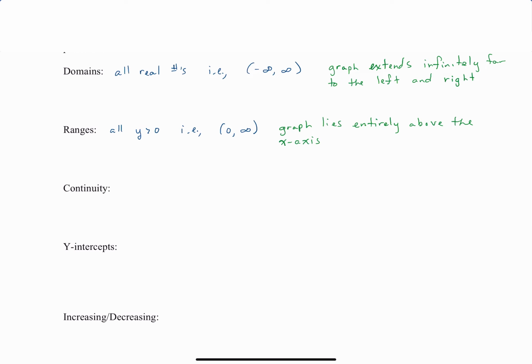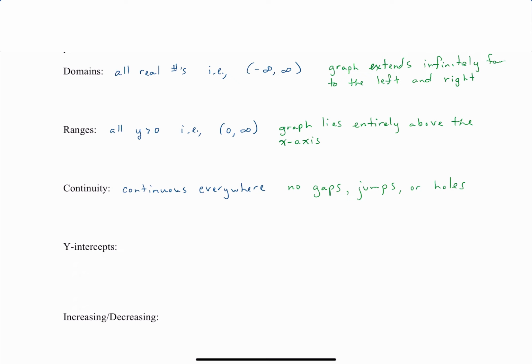Continuity. Both of these are continuous everywhere. In other words, a little more intuitively, there are no gaps, jumps, or holes in the graph.